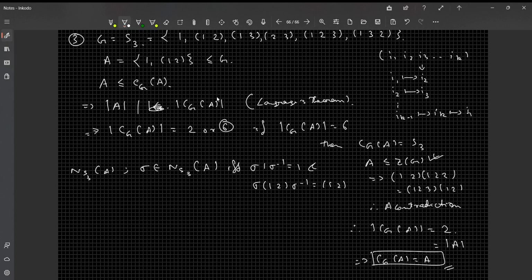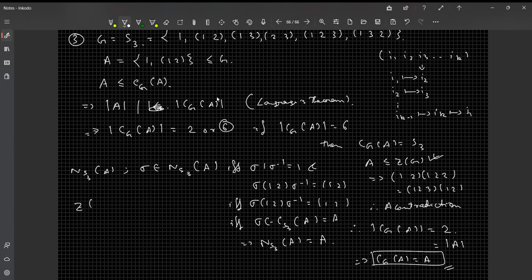The first one is utterly obvious because sigma 1 sigma inverse is nothing but sigma sigma inverse, that's equal to 1. So this happens if and only if sigma (1 2) sigma inverse equals (1 2), but this happens if and only if sigma is in the centralizer of it. Now the centralizer of A is equal to A, so this means the normalizer is equal to A, right?